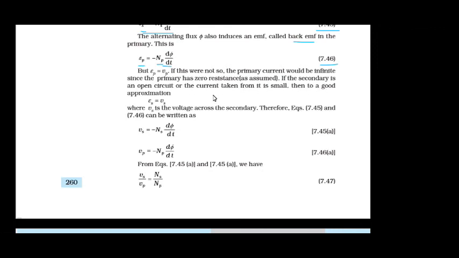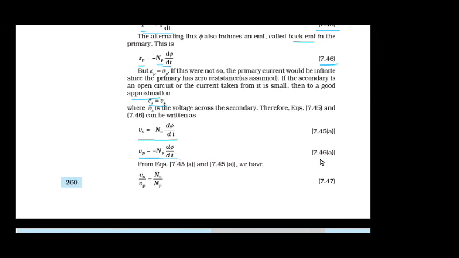If the secondary is an open circuit or the current taken from it is small, then to a good approximation E_S is equal to V_S, where V_S is the voltage across the secondary. Therefore, equations 7.45 and 7.46 can be written as V_S equals N_S d phi by dt, and V_P equals minus N_P d phi by dt.